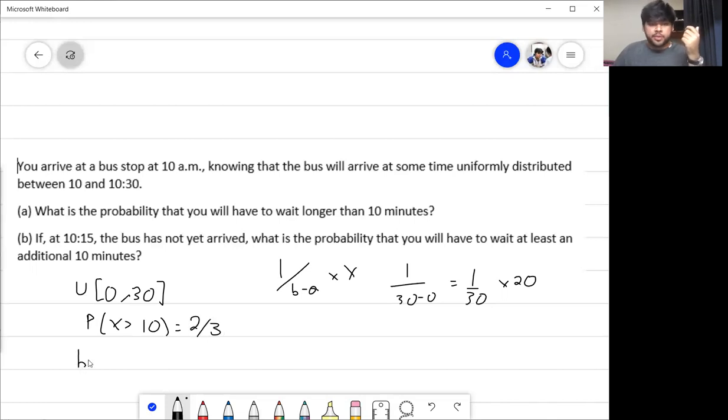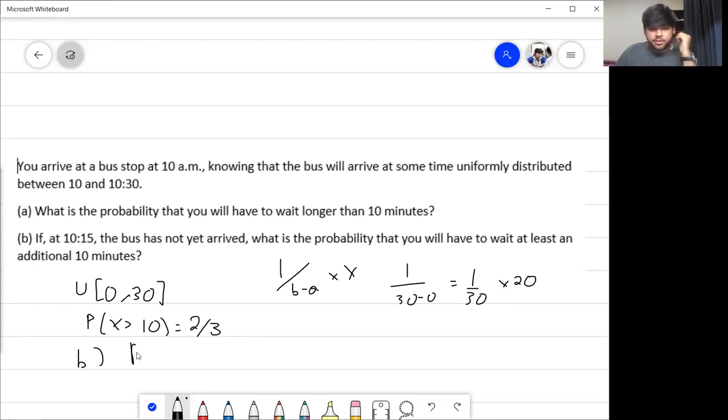Now for part B, they're saying if at 10:15 the bus has not yet arrived, what is the probability you have to wait at least an additional 10 minutes? This is where conditional probability comes into place.